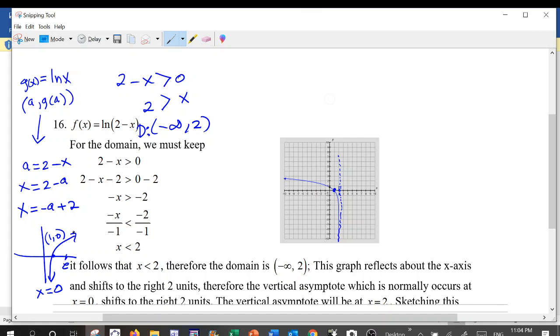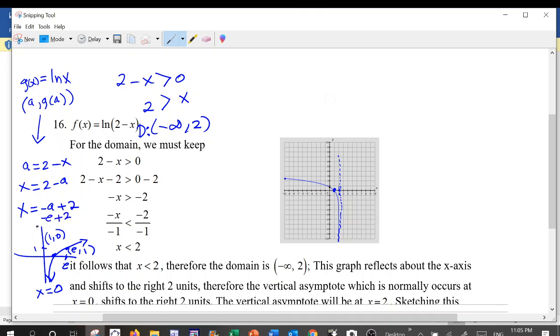I have to make this a little bit lower so it makes sense to what I'm doing. Here we go. So ln of e is 1 here. So it would be (e, 1). So where does (e, 1) go? Well, we're going to put e in here again. It would be negative e plus 2.